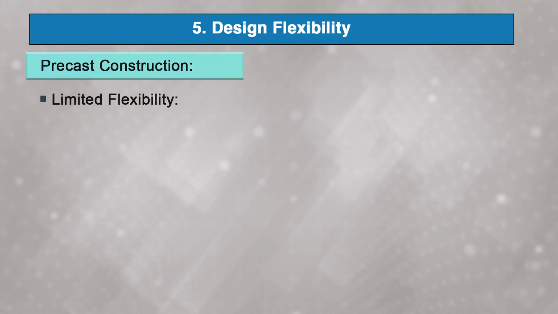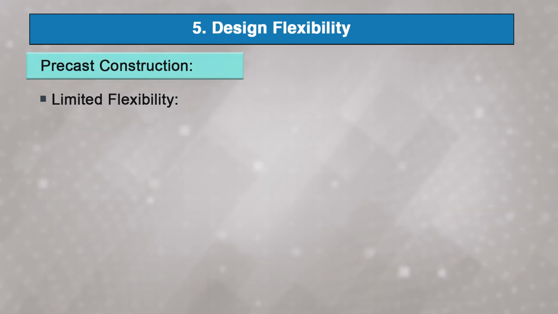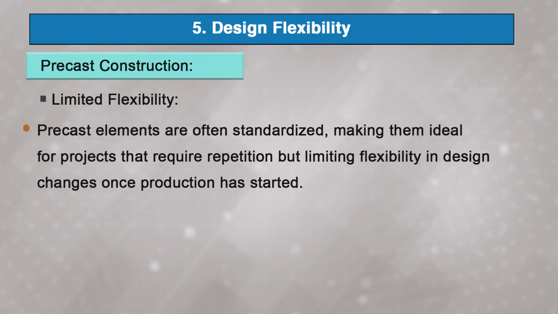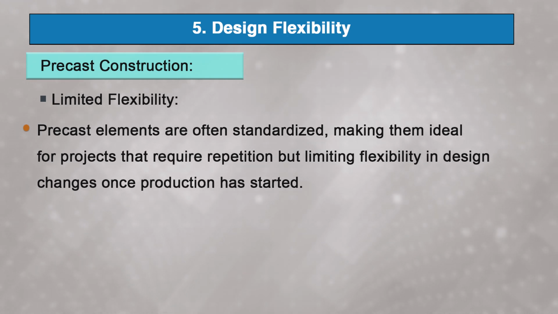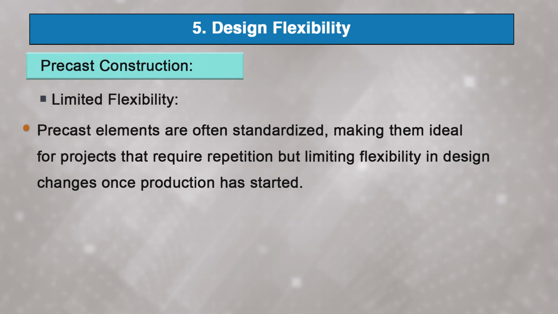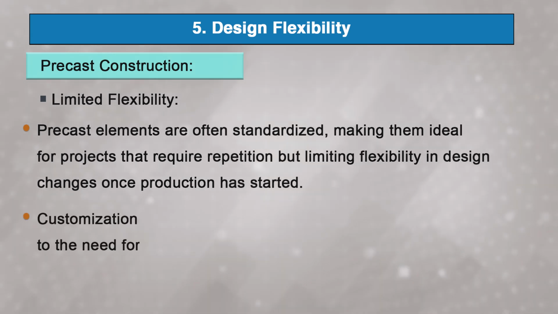Moving on to the design flexibility, in precast construction there is limited flexibility. Because of standardization, precast elements are often standardized, making them ideal for projects that require repetition, but limiting flexibility in design changes once production has started.